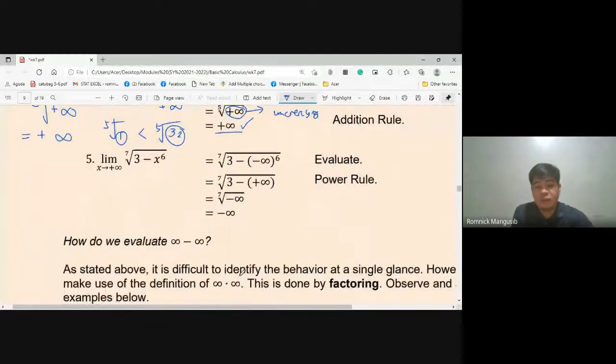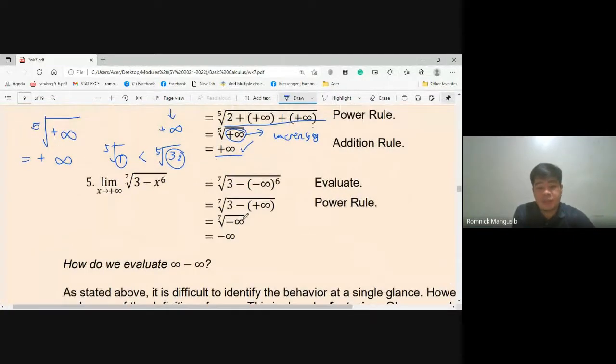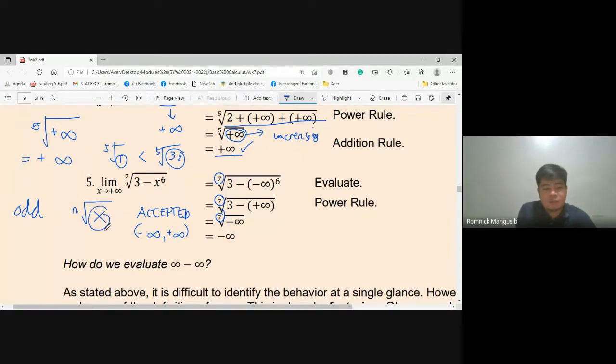Okay? So here naman, since this is an odd number, tandaan natin na kapag ang index ay isang odd number is always accepted. Ano man ang magiging x na yan, accepted ang all real numbers for x. You can have cube root of -1. This is actually -1.